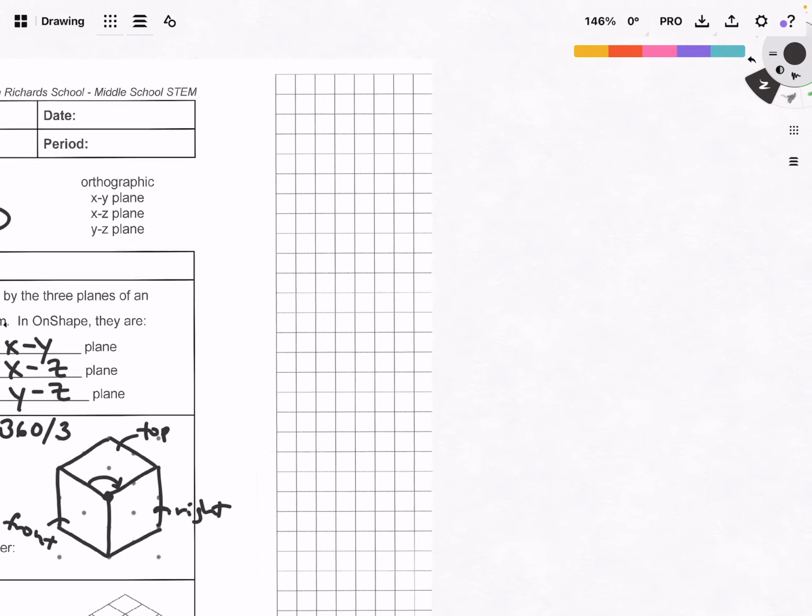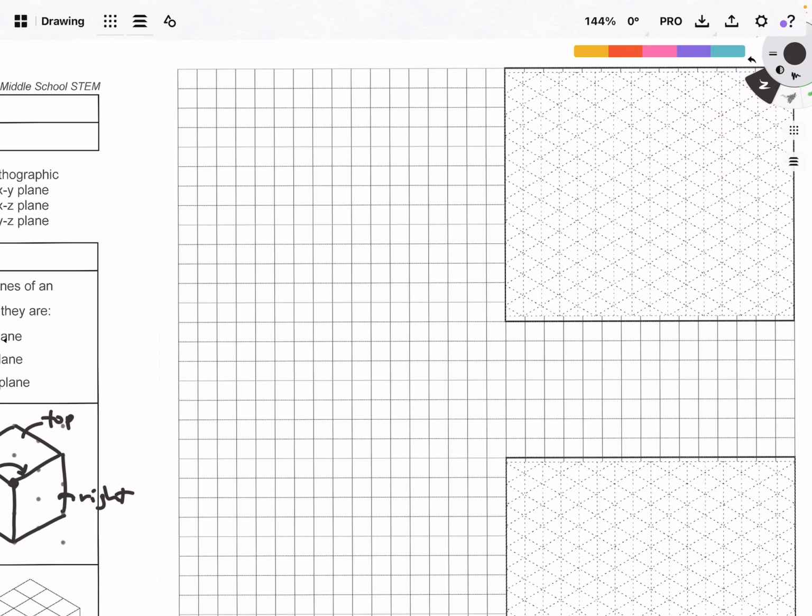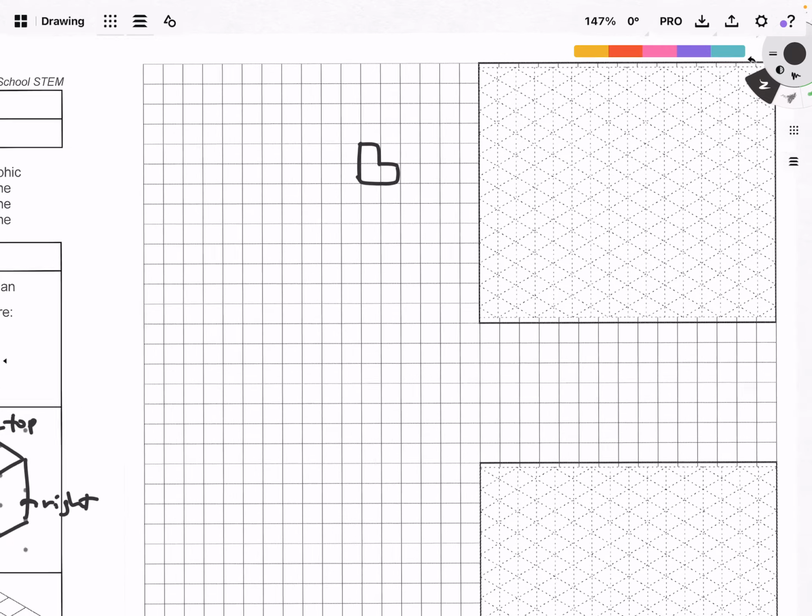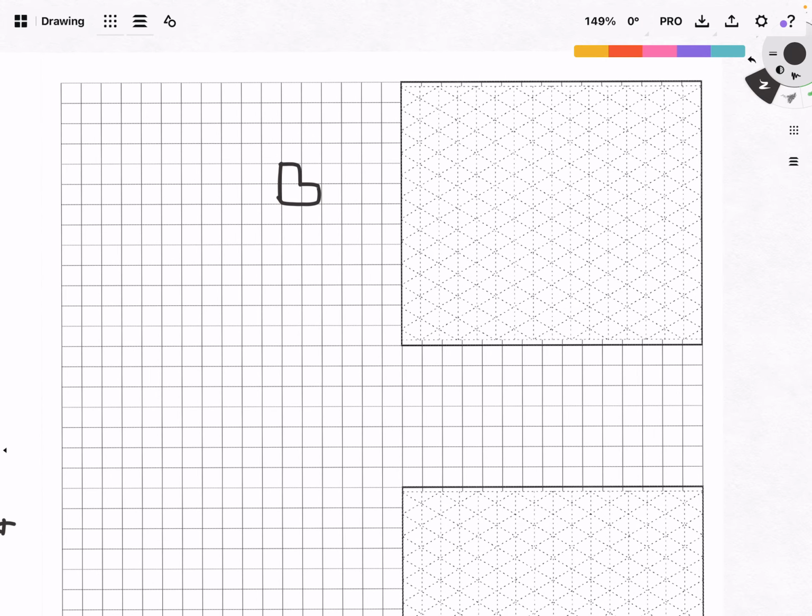Okay, so let's start by drawing our triomino. And I'm not going to specify what face this is because I'm actually going to draw it as all three separate faces. Okay, and I'm going to do that by first drawing the top face.